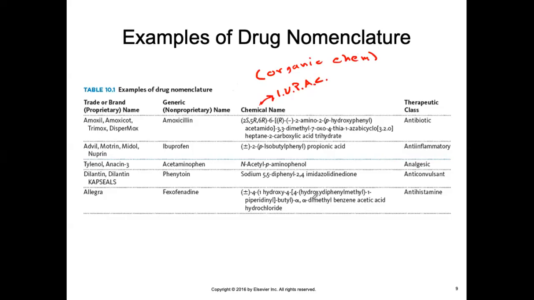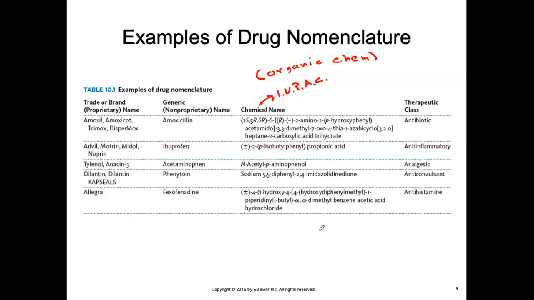You just know that. Are we going to make you spit out IUPAC names? No. We probably want you to know the generic and maybe some trade names. That would be in the class. But all of these, they're all the same thing.